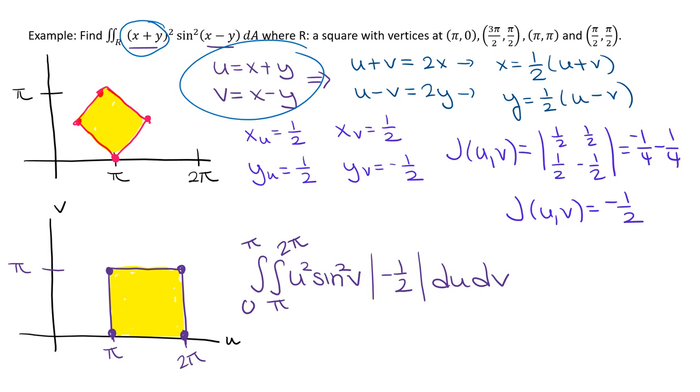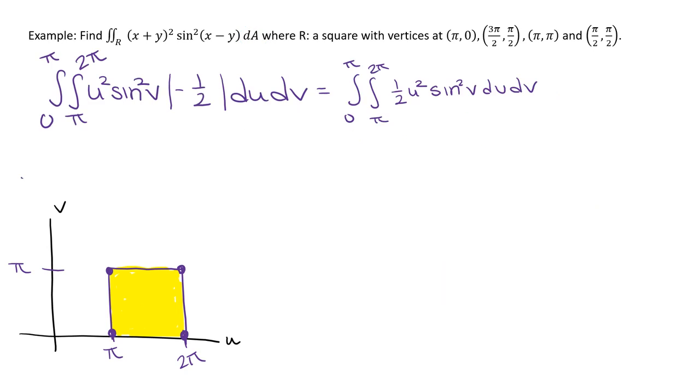There's my transformation. X plus y we can replace with a u, so u squared. X minus y we can replace with a v, so my function becomes u squared sine squared v. And then I'm going to change my dA into absolute value of my Jacobian times du dv. Or I can write this integral as 1/2 u squared sine squared v du dv.